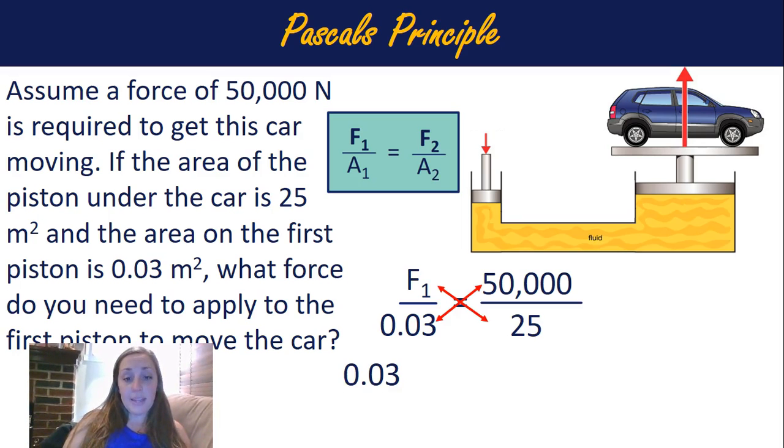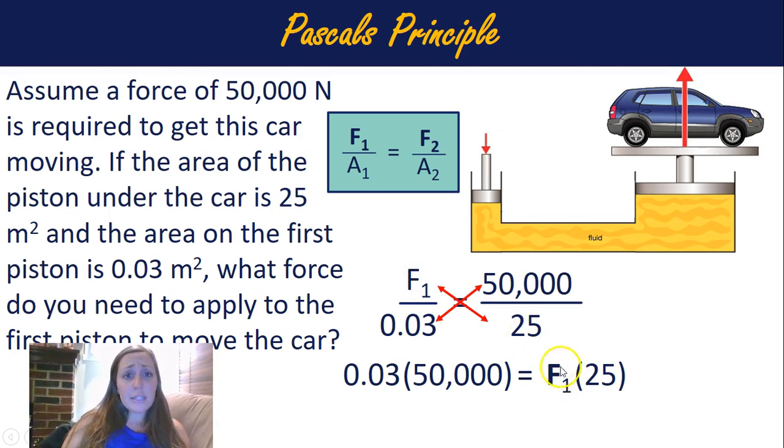Cross multiply, and that gives you 0.03 times 50,000, because you would go across here and you multiply, equals force 1 times 25. You're trying to solve for the force. Since the force over here is being multiplied by 25, the opposite function of multiplication is division. There's nothing else over here, so you can go ahead and start dividing by that.